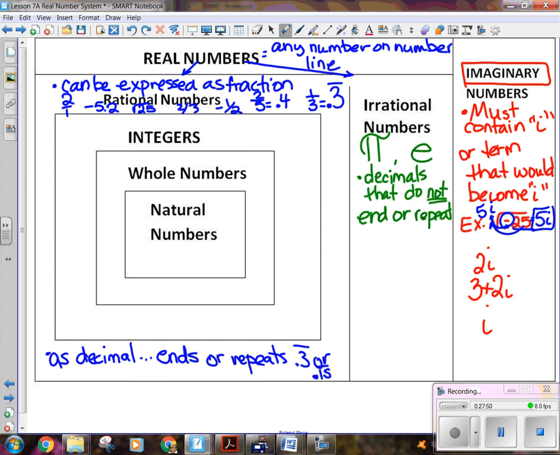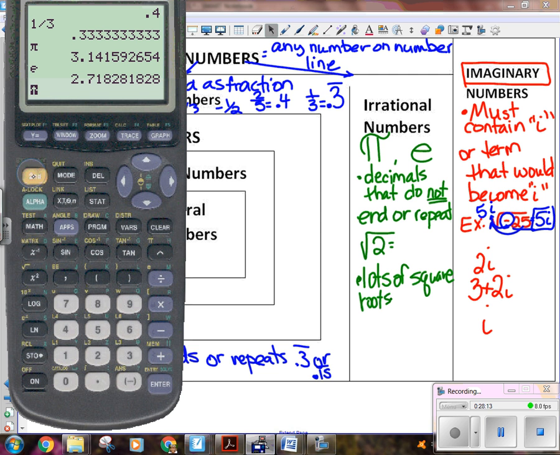So pi and e. It turns out square roots of 2, okay? So I'll add that. Lots of square roots are irrational, okay? Now, not square root of 25. Square root of 25 would not be irrational because that actually works out to be a perfect number, 5. Square root of 2, though, if we check with our calculator, is not a nice, neat number.